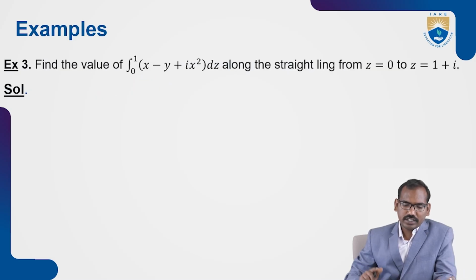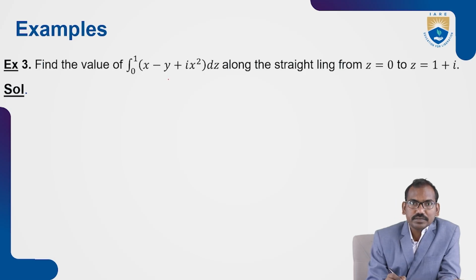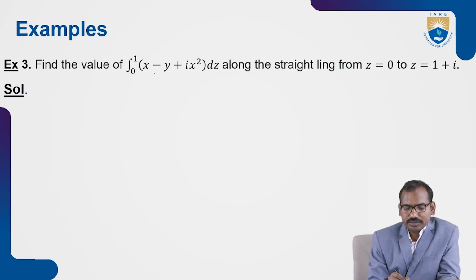Similarly, you can also do this problem. Here the real part is given, which is x minus y, and the imaginary part is x square. Here we have to perform the integration from z equal to 0 to 1 plus i, the same as before. But here we need to find the path first.